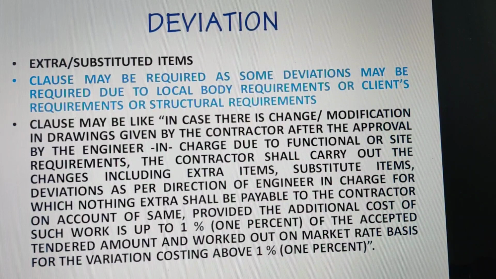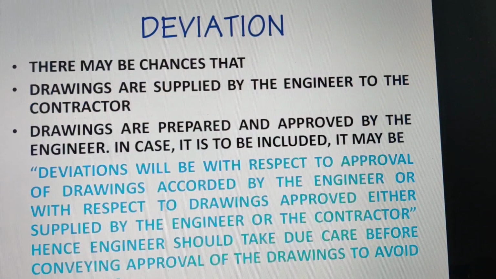the tender inviting authorities. So basically this is up to the tender inviting authority, and because initially architectural drawings and structural drawings are not available, some basis will be required, and this basis may be the drawings which have been approved by the engineer before carrying out the work. Drawings are supplied by the engineer to the contractor, or prepared and approved by the engineer.